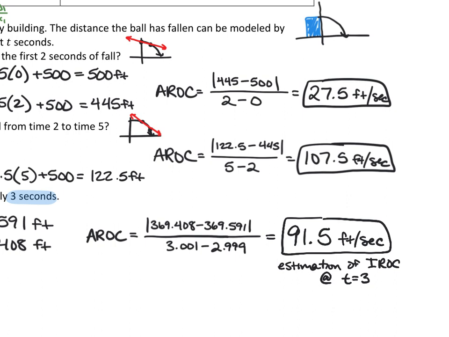It is not always going to work out perfectly that this is correct, but actually when you learn the calculus for this, this is going to make no sense to you yet, but d prime of 3, which is exactly what it's asking for when we learn what that means, would be negative 32 times 3 plus 45, which is actually 91.5 feet per second.